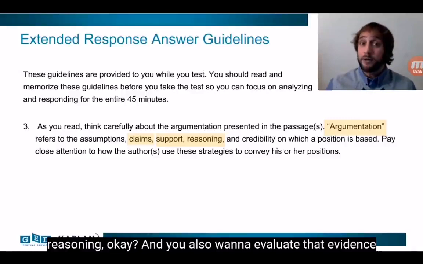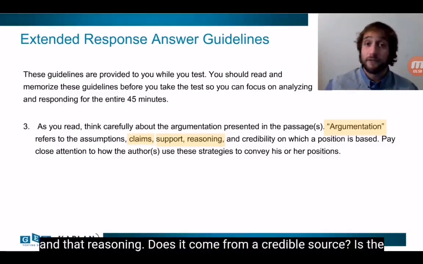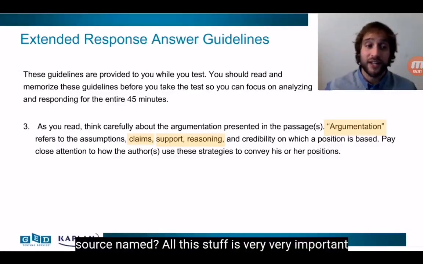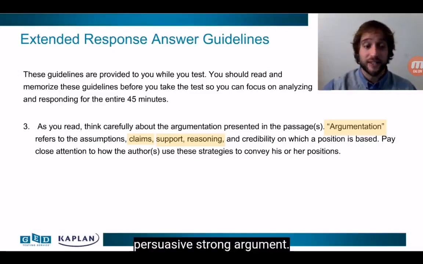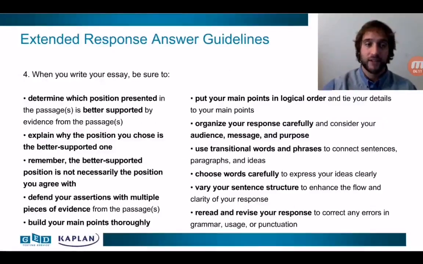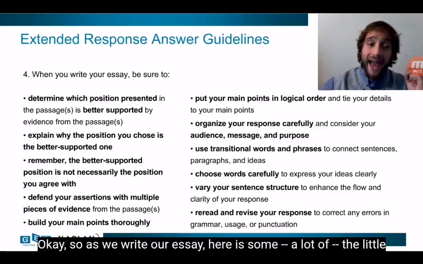And you also want to evaluate that evidence and that reasoning. Does it come from a credible source? Is the source named? All this stuff is very, very important in our evaluation of the author's ability to construct a persuasive, strong argument.